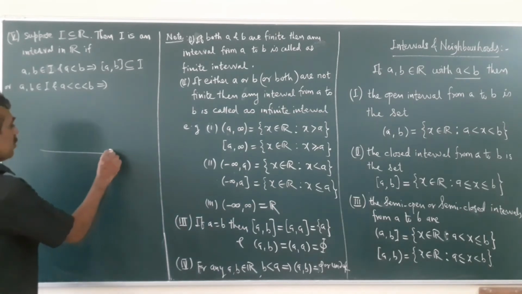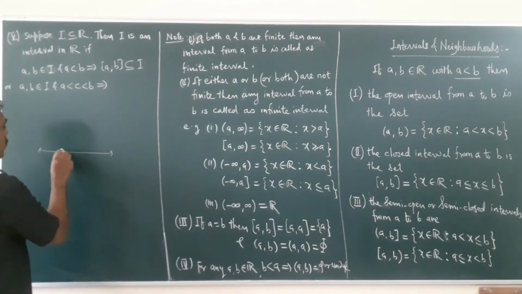If a and b belong to I and you have a real number c which lies between a and b, for example, see here, this is the real line and suppose here is my 0, here is 1 and here is 6.